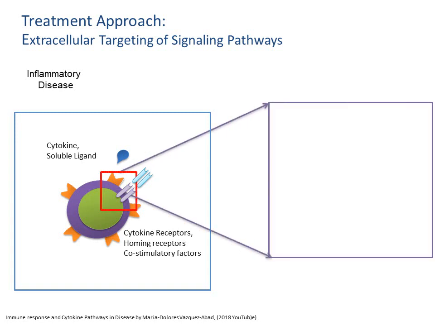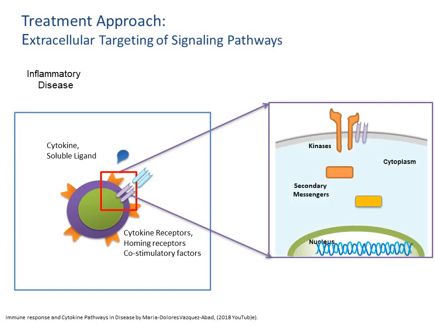Now, the way that they work, when I put this in a figure, is basically we have the receptors on the surface. Like I said, they're anchored, so there's a piece that's outside, extracellular, and a piece that's inside.